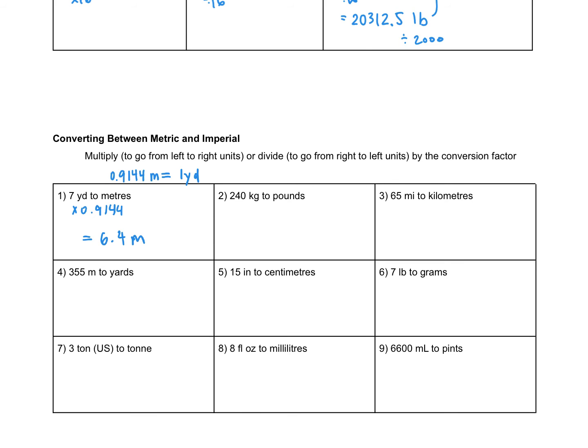Next, kilograms to pounds. So 0.454 kilograms equals 1 pound. So I want to see how many times does 0.454 fit into 240, because each time I can remove that 0.454, that would represent a pound.